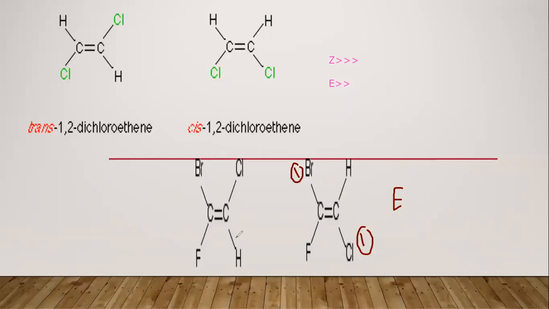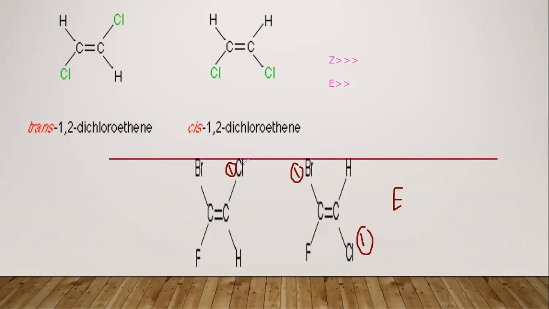In this example, hydrogen and chlorine. Which one has a higher priority? Of course, chlorine, because the atomic number of chlorine is 17, more than hydrogen, which is 1.